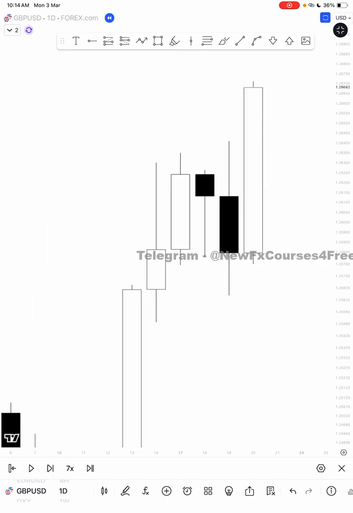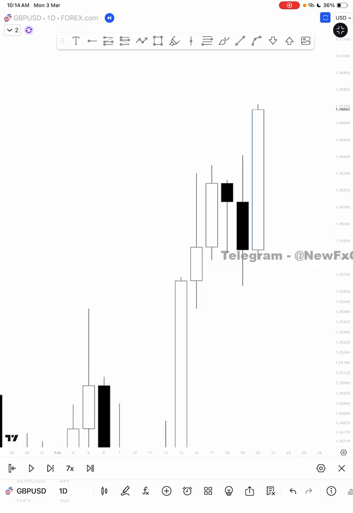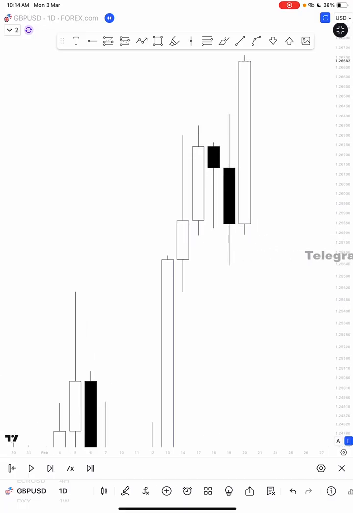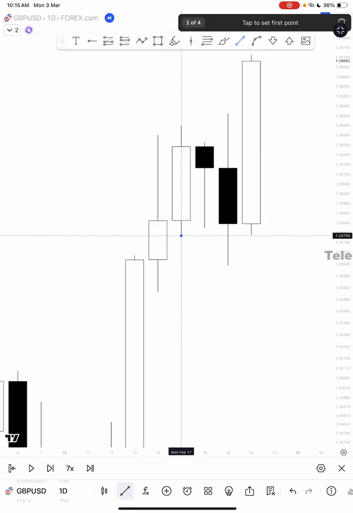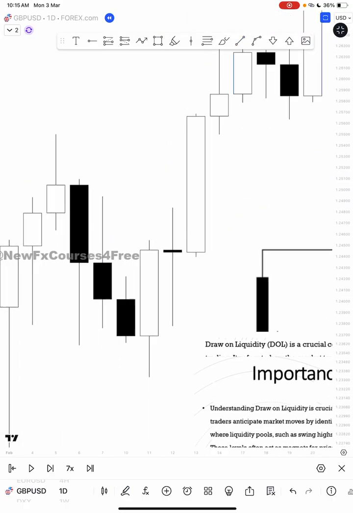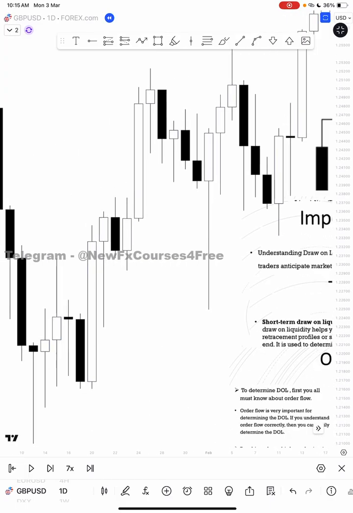Remember, on draw on liquidity we have two types, the short-term draw and the long-term draw. Short-term draw is where the retracement profile happens, where the market retraces a little before going on the main directional bias.